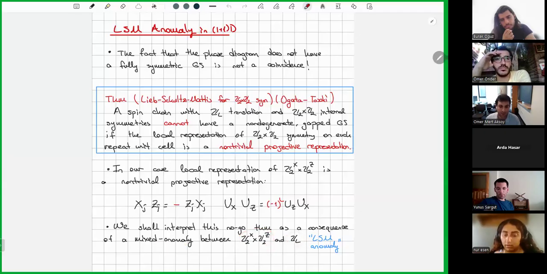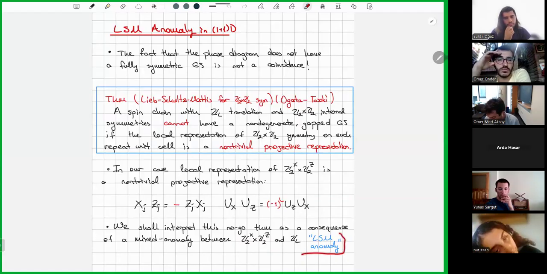Because what the theorem allows is that I cannot have both a translation invariant and internal symmetric non-degenerate gapped ground state, but I can have a gapped ground state that breaks translation but not the internal symmetry, or the internal symmetry and not translation, and vice versa. At least that's within the possibilities of the theorem. But I cannot satisfy all these together. So I cannot have all the symmetries at the same time with a non-degenerate gapped ground state.